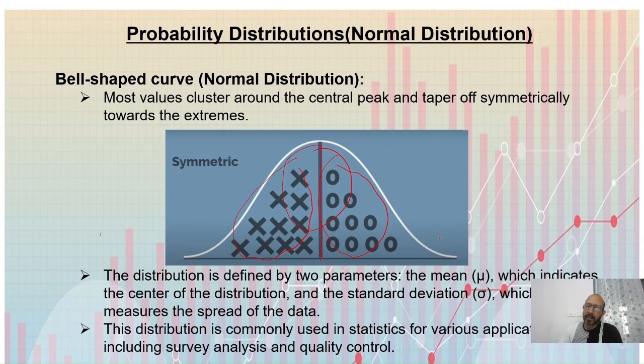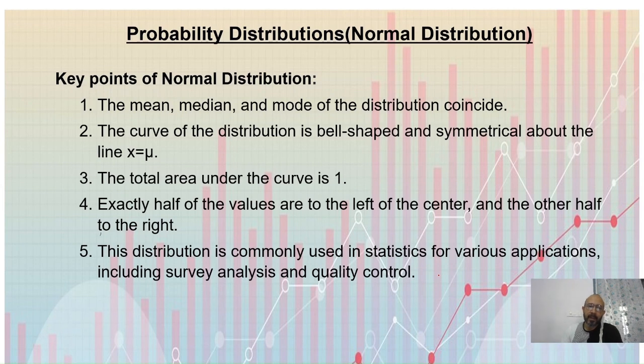The distribution is defined by two parameters: the mean mu, which indicates the center of the distribution, and the standard deviation sigma, which measures the spread of the data. The distribution is commonly used in statistics for various applications including survey analysis and quality control. Key points of normal distribution: the mean, median and mode of the distribution coincide.